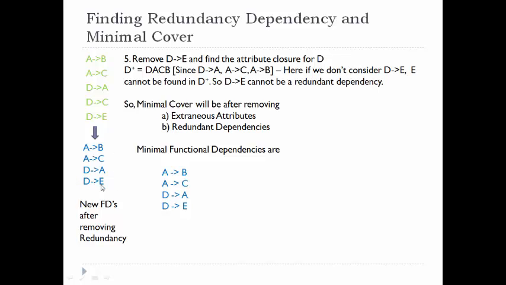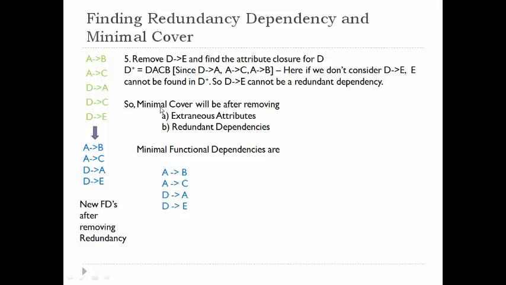Again, we have to start from this. So the fifth step is to remove this D tends to E and then to find D closure. So this D closure gives D, A, and A is giving C and A is giving B. So we have DA, C, B. So this cannot be a redundant functional dependency because E has not arrived in the closure.